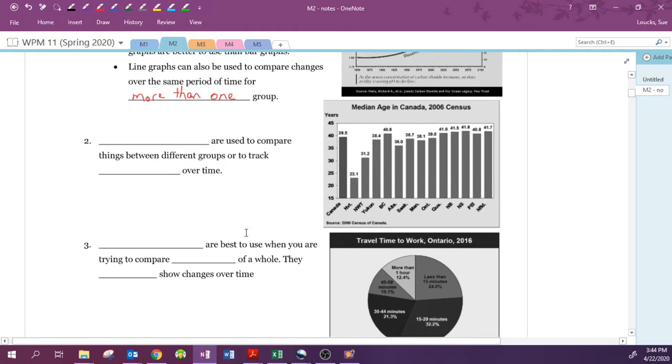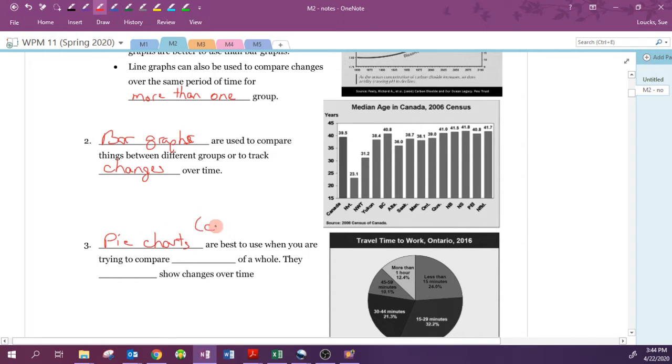Second kind is bar graphs. Bar graphs are used to compare things between different groups or to track changes over time. And the third one is called pie charts.